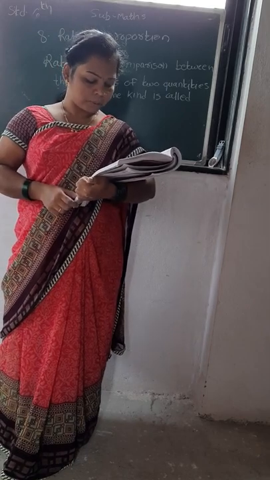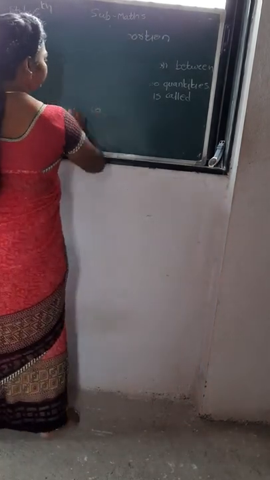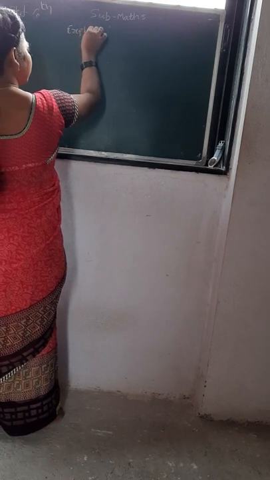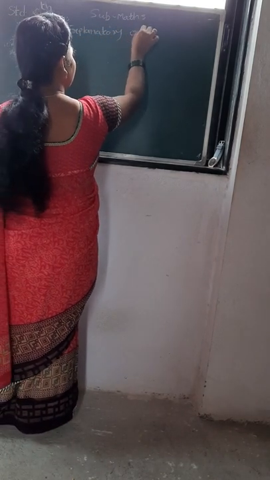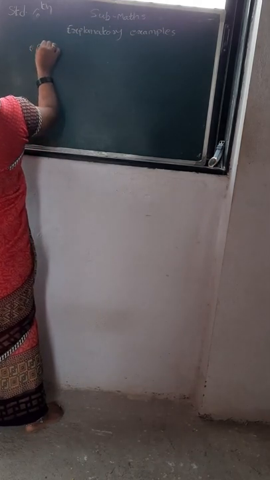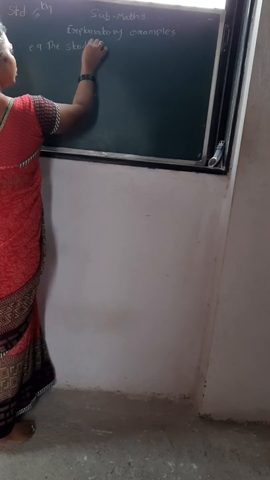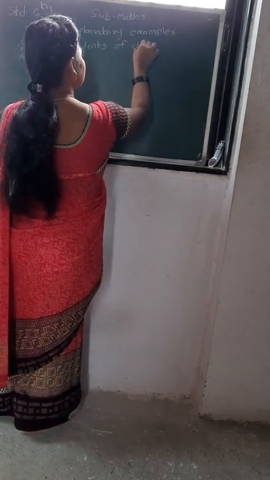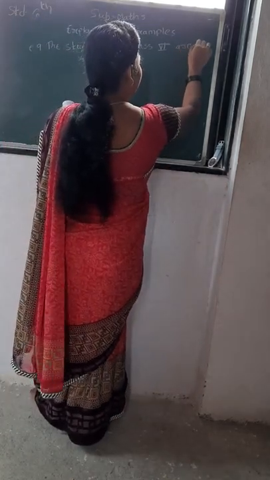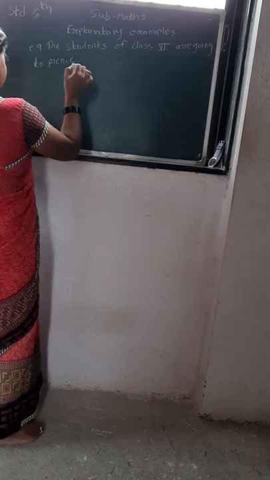Next one is explanatory examples. First example: the students of class 6th are going to a picnic.